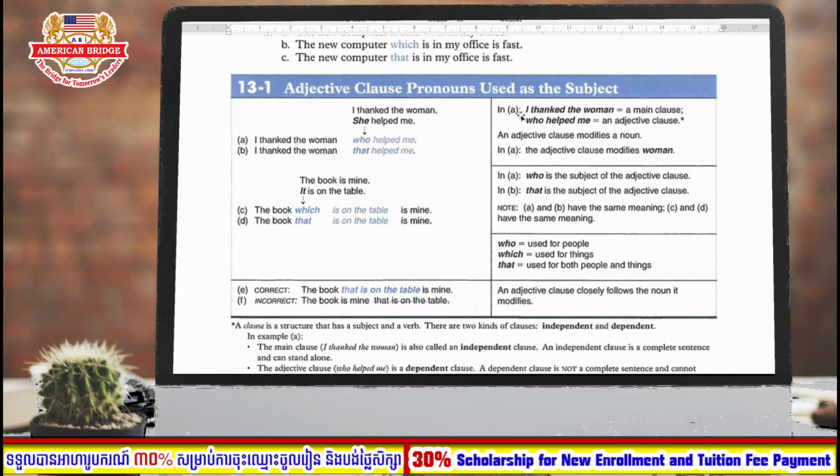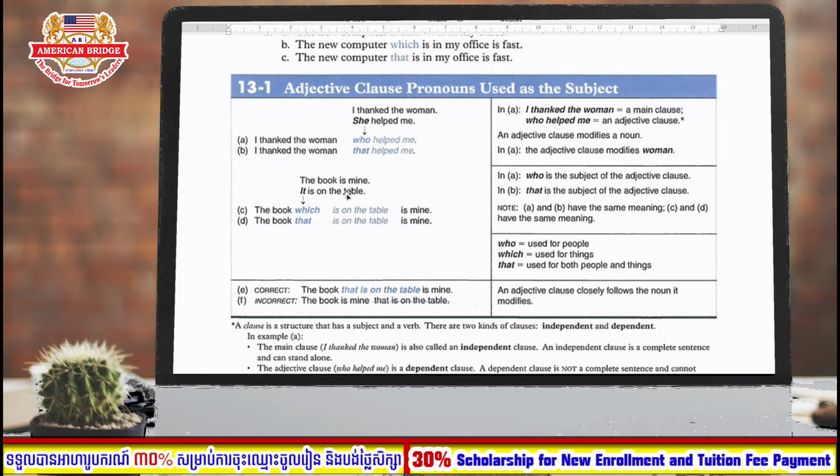If you look at the explanation here in A, I thank the woman is a main clause. Who helped me is an adjective clause, or we can call it the dependent clause. An adjective clause modifies a noun, which is the woman. So the book which is on the table is mine. So the book is mine. It is on the table.